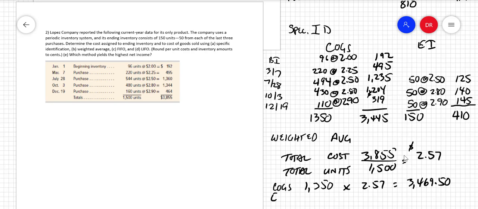If we take ending inventory, we have 150 units times $2.57, and that gives us $385.50. Okay, now that's the weighted average approach.